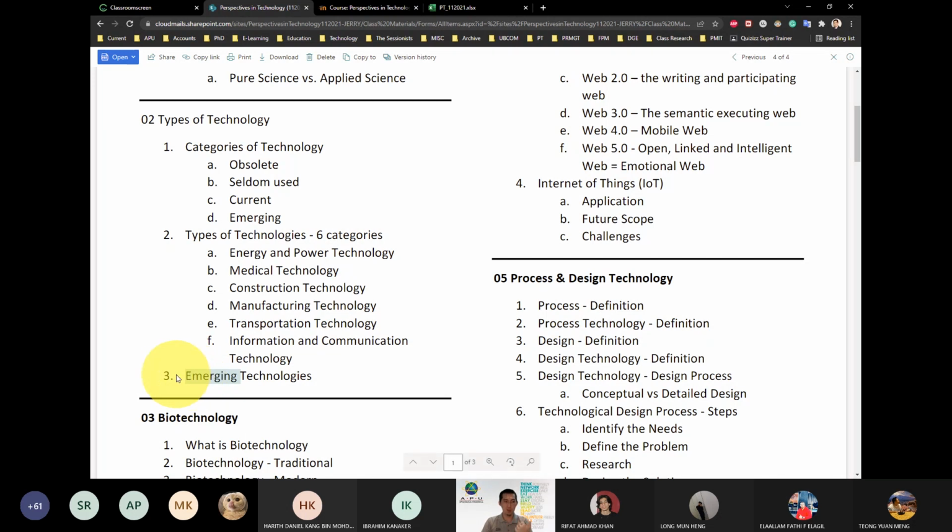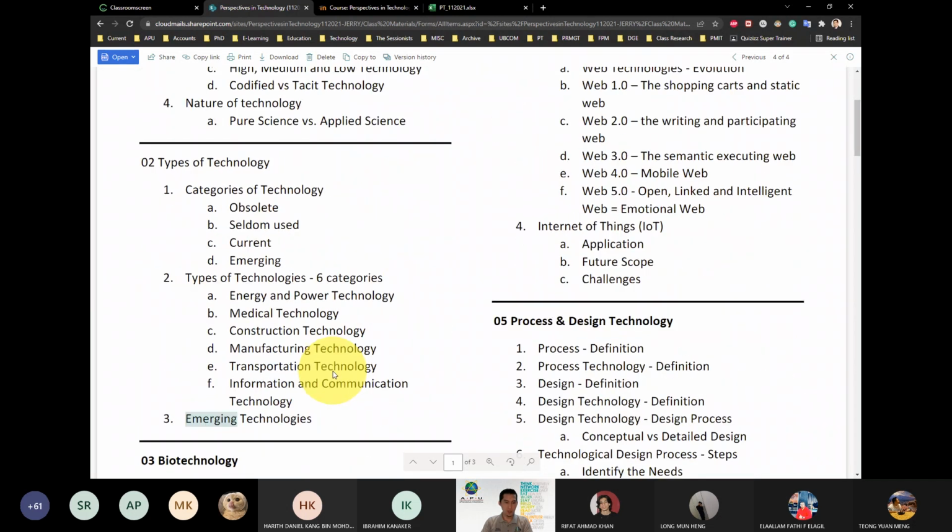Everyone talks about AI, machine learning, IoT, 5G. It always revolves around those similar areas. So there's nothing to worry too much about regarding emerging technologies that you're not aware of. At least understand the ones which are currently emerging, and be able to know what they are for and what their purpose is.